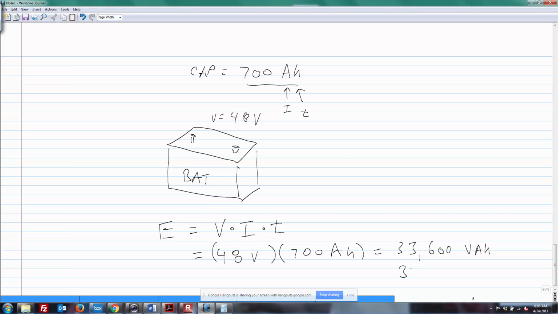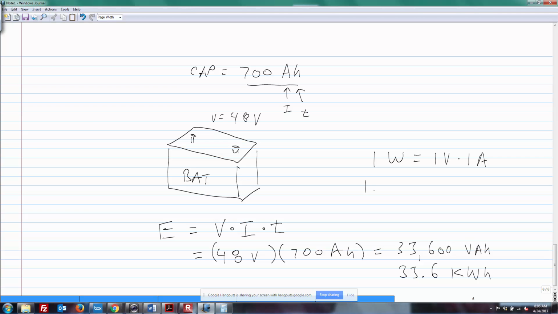33.6 kilowatt hours, because we know that 1 watt equals 1 volt times 1 amp.